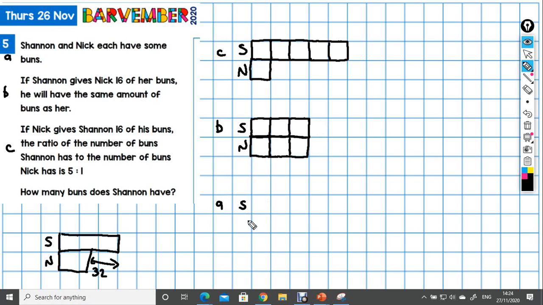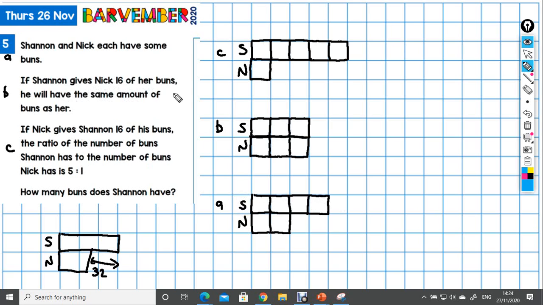So Shannon and Nick. Shannon must have had 4 parts to Nick's 2 parts. Okay, so we're just moving parts around, and each of the parts has a value of 16, and we can check that, because this is scenario A. Shannon and Nick each have some buns.